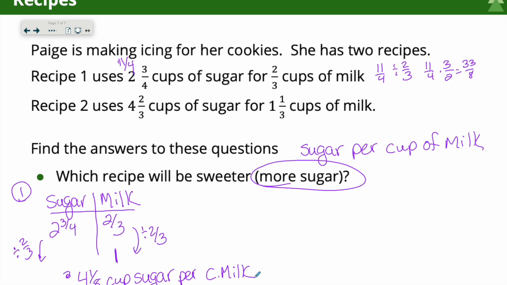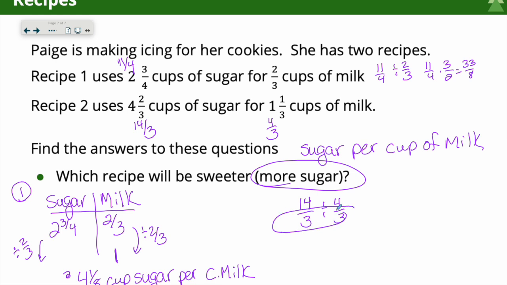For recipe 2, we're going to do sugar divided by milk. 4 2/3 is the same as 14/3. We'll do 14/3 divided by 1 1/3, which is 4/3.